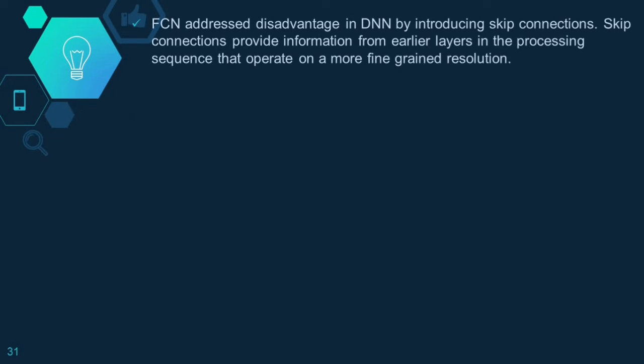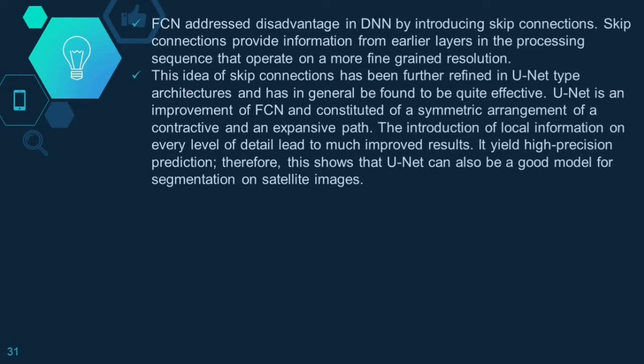And then FCN addressed the disadvantage in DNNs by introducing skip connections. Skip connections provide information from earlier layers in the processing sequence that operate on a more fine-grained resolution. And then this idea of skip connections has been further refined in UNet type architectures and has in general been found to be quite effective.